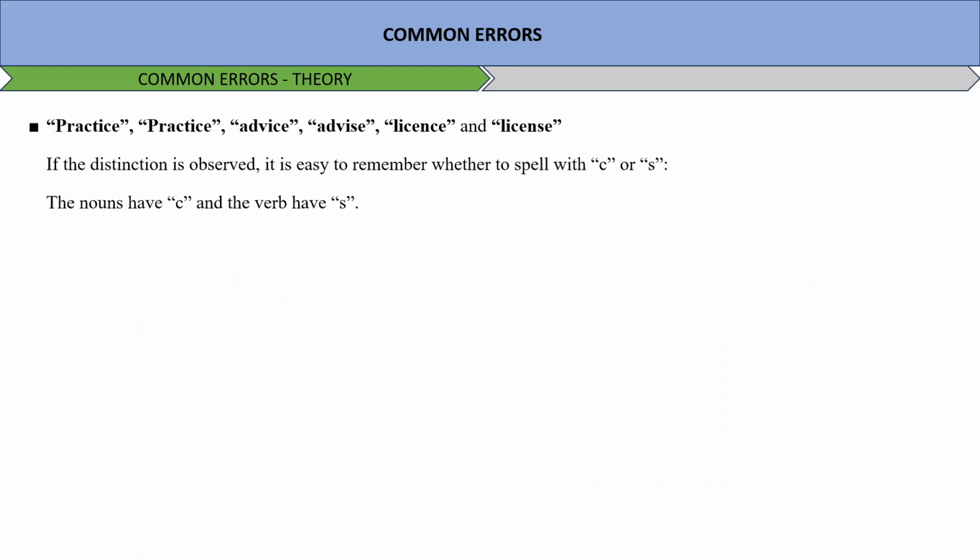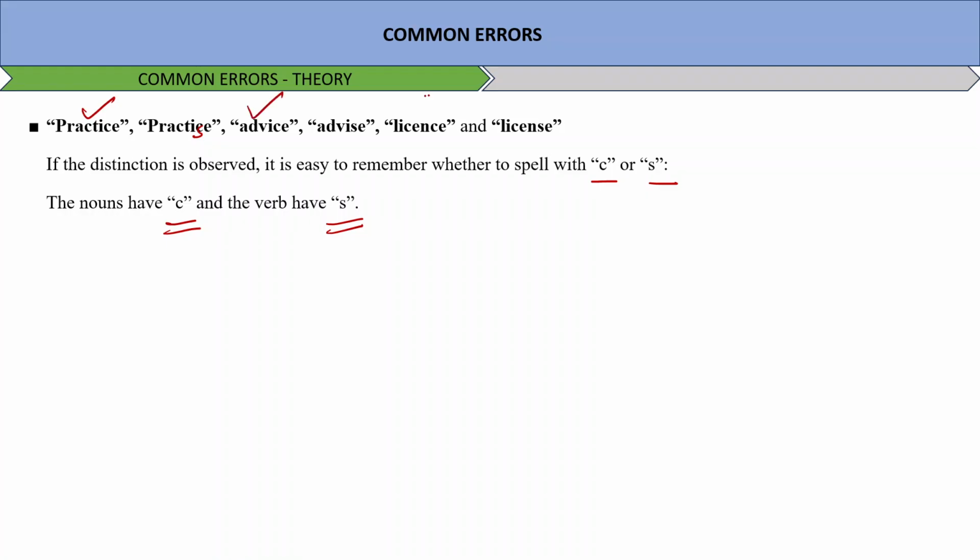Next. Now, the difference between practice, advise, license, and license. One should be S-E and one should be C. If the distinction is observed, it is easy to remember whether to spell with C or S. The nouns will always have C, whereas the verb will always have S. Practice, noun.